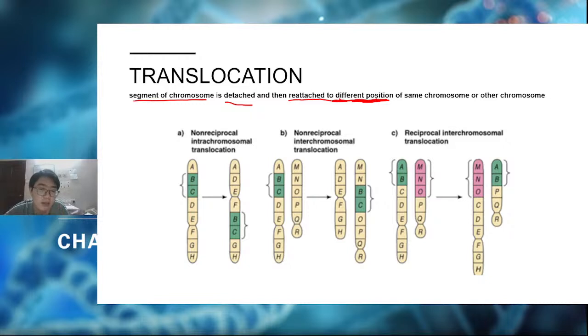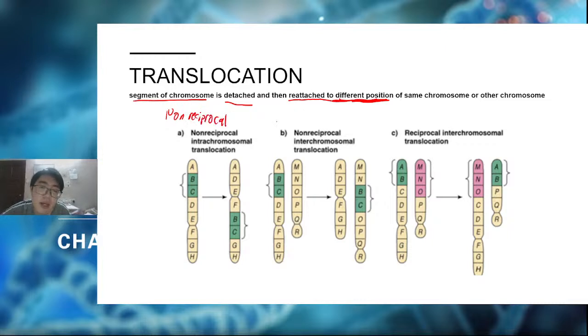Inversion is just reversed but at the same location, but translocation is a totally different position. There are three types of translocation. The first type we call non-reciprocal intrachromosomal translocation. Another name is just non-reciprocal.